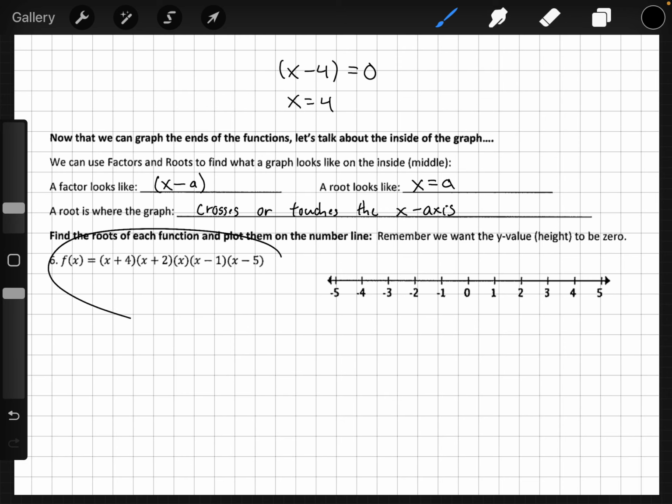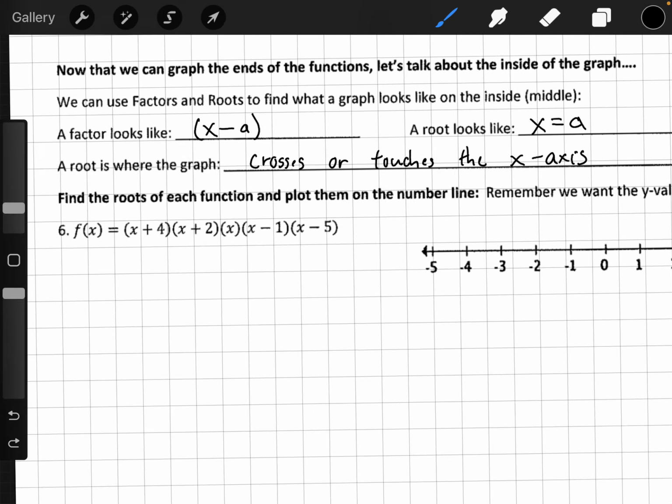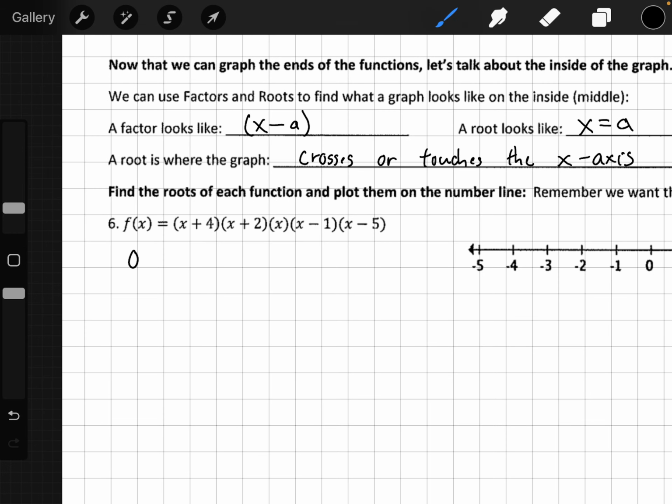So here we're going to find the roots of this function and plot them on this number line. Remember, we want the y value to be equal to 0. So we'll set f of x to 0. And so what value for each of these makes that statement true?